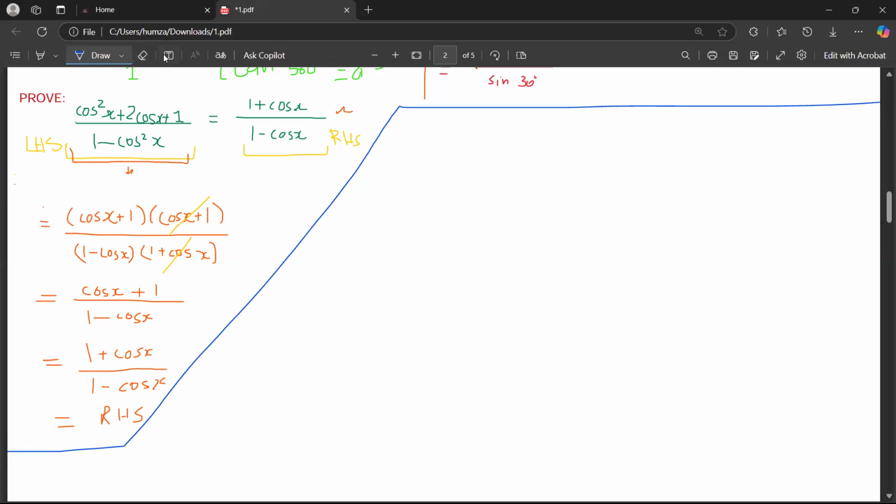Okay, now we have compound angles for cos A minus B.